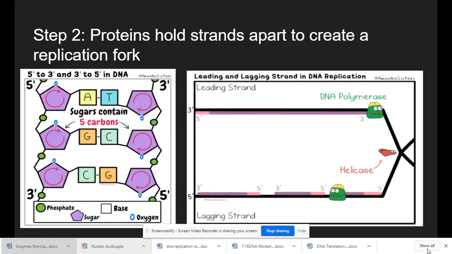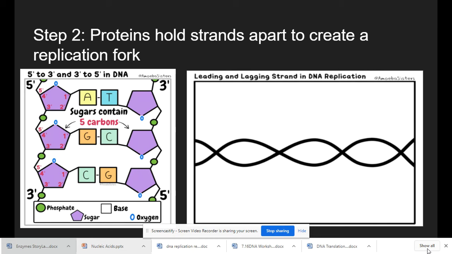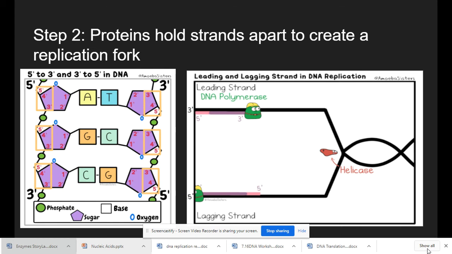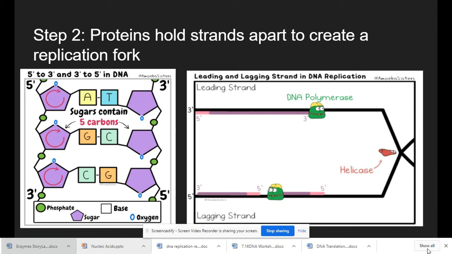When DNA unzips, it always, always, always builds from 5 to 3. And what that means is if you look at the diagram to the right, you're going to see that that DNA strand that's already there is at the 3 prime, and the new strand being built is the 5 prime strand. The 5 and 3 are opposites, and they go across from each other.